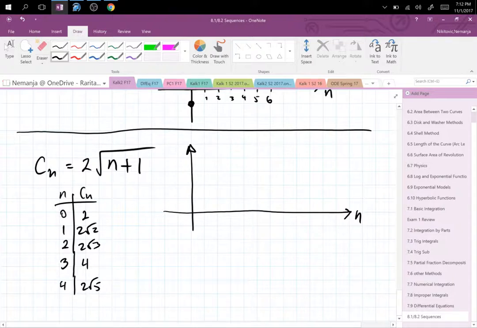And so on. They're not necessarily the nicest things to graph, so we can pick those values that are cool. So 0, 2, and then 1, 2, 3, 4.